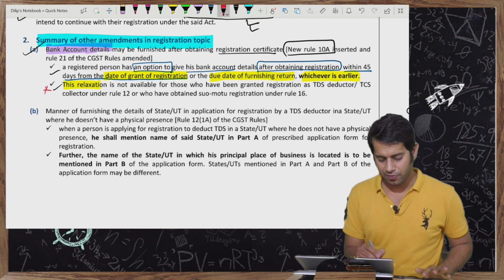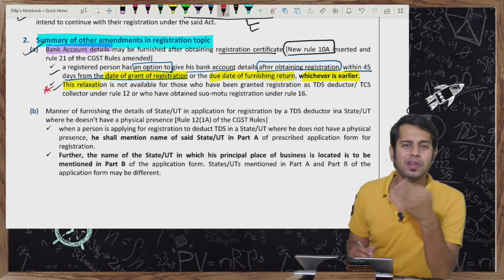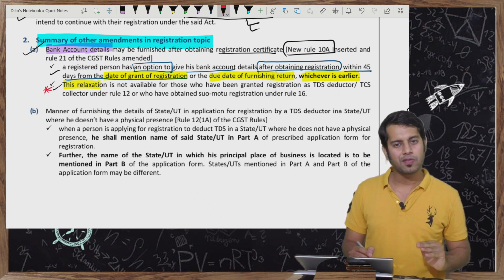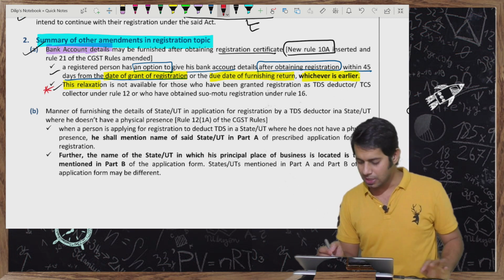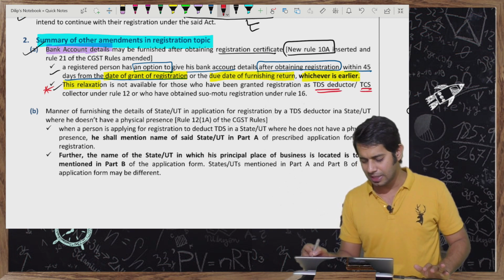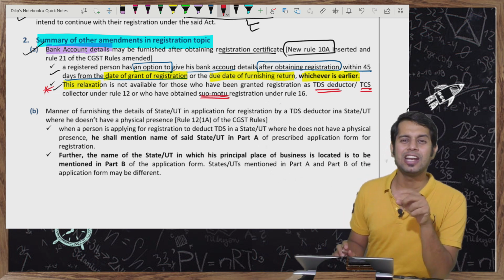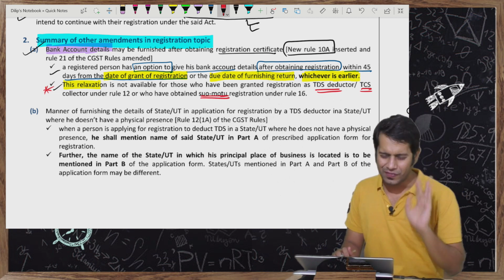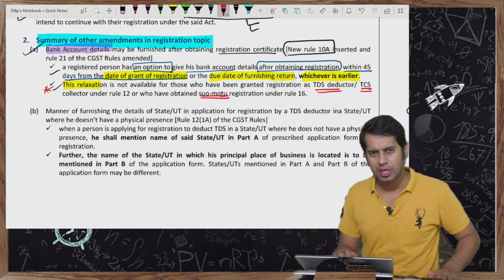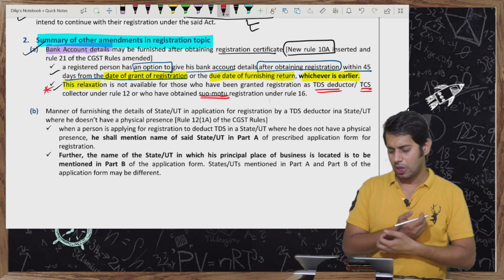And further they have told this provision of giving bank details at a later period of time is not applicable to a person who has taken registration as a TDS deductor or TCS collector, or a person who has been granted suo motu registration by the officer himself. If the officer himself is giving you the registration, for you also this provision is not applicable.